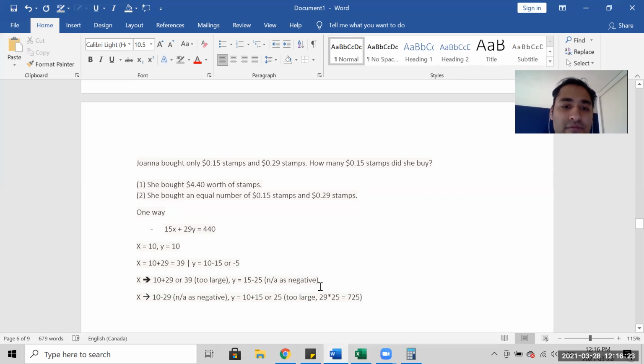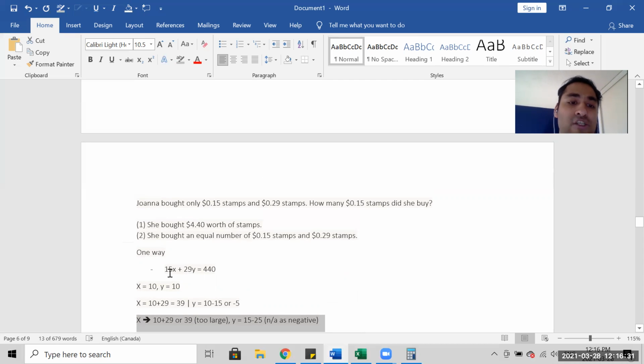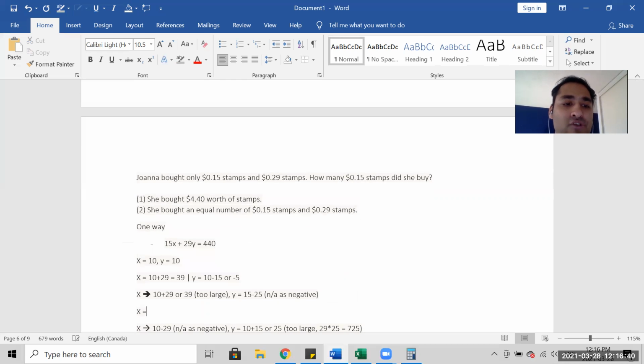Which is what I've written at the bottom here. And that's too large. If x is 39, 39 times 15 is a little over 500. And in this case, y is negative anyway, so it doesn't work. What about if I was to say 10 minus 29, which becomes minus 19?